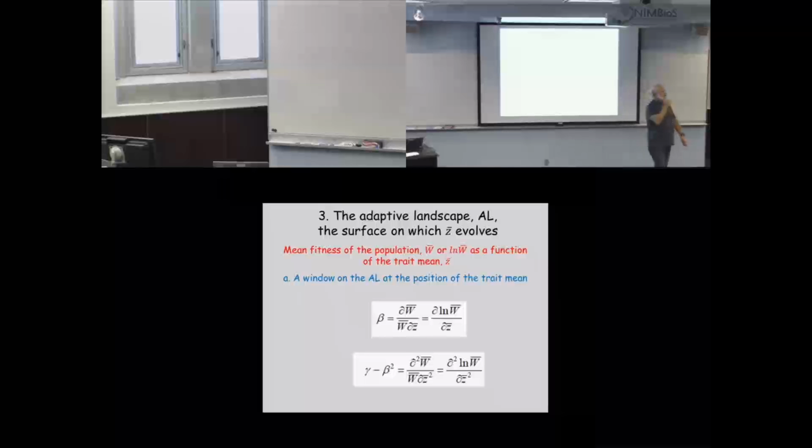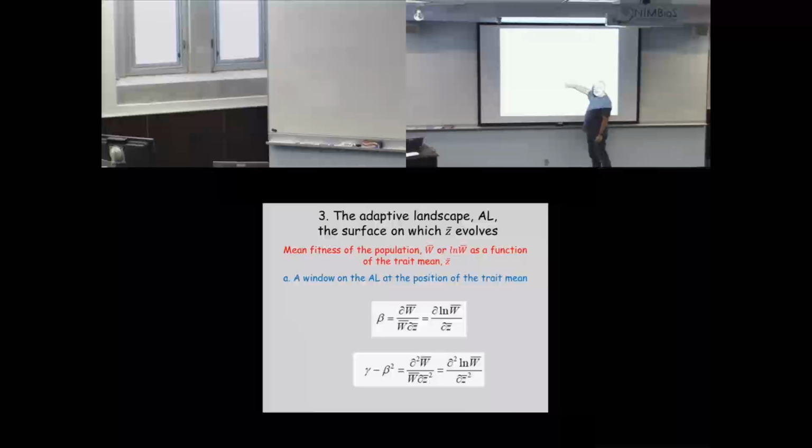Okay, now take a second deep breath. We're asked the question, what is the relationship of beta and later gamma to this new surface, the adaptive landscape? And the answer is, it's very simple. If we knew this surface and evaluated its first derivative at the mean of the population, W bar, that would be equal to beta.